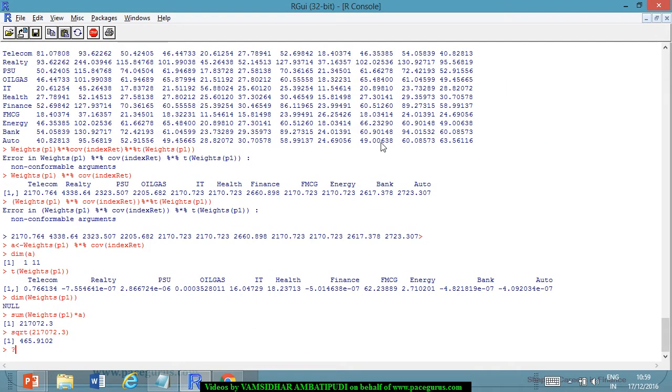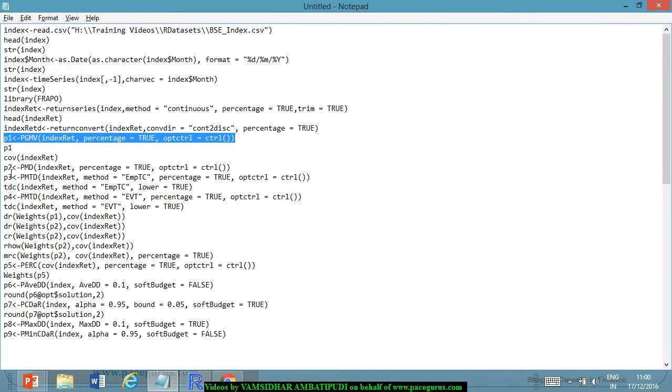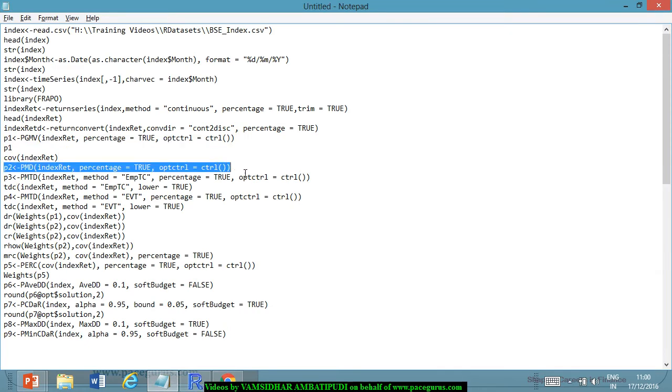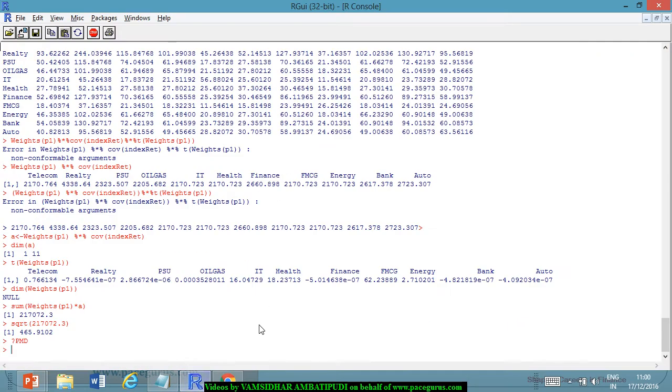If I want to look at the PMD, everything is exactly the same. I'm giving the returns, percentage is true, and the other characters. So probably I can directly copy this piece of code and assign it to P2.